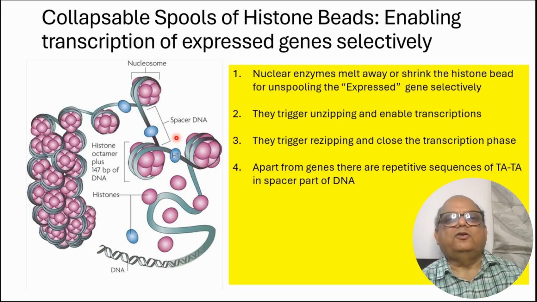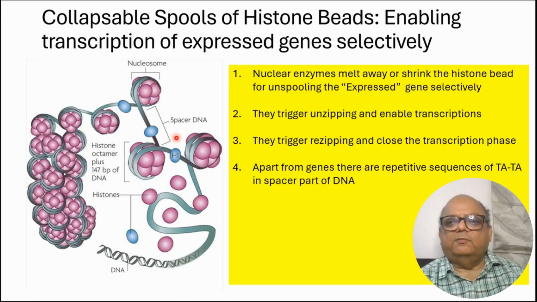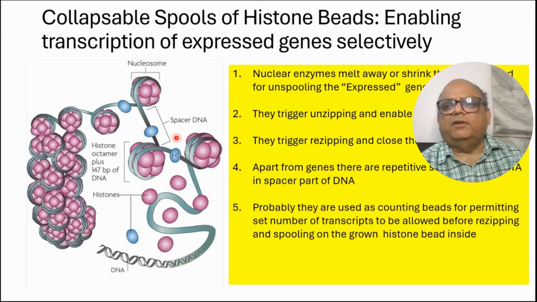They are obviously not genes, because it will not produce anything meaningful that way. So, probably if you apply some sense of engineering, probably the molecule is using them as counting beads, just as Japmala is used for counting how many times you utter Ram Ram Ram or whatever.